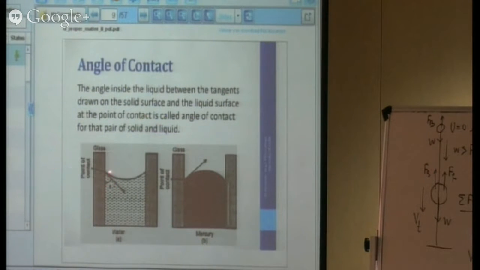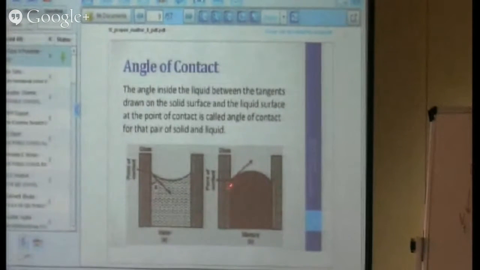In some cases, it is acute. For example, in the case of water in a glass tube, we call such a liquid a wetting liquid. And when it is obtuse, again, the angle is taken from the wall up to the tangent, but through the liquid. Don't take the other angle. This is a requirement: you should measure the angle through the liquid.